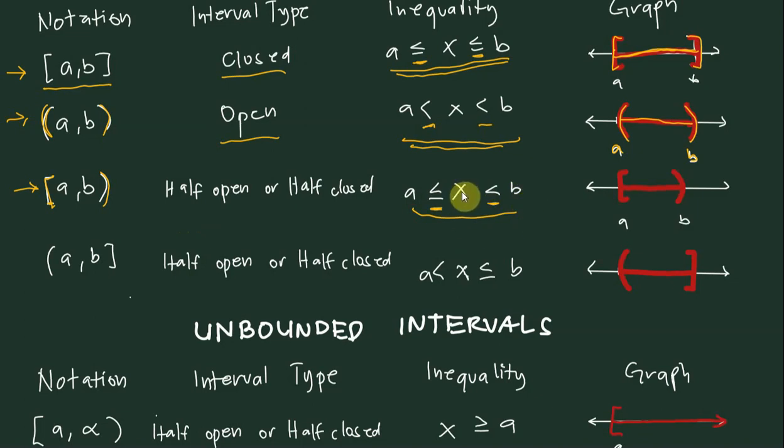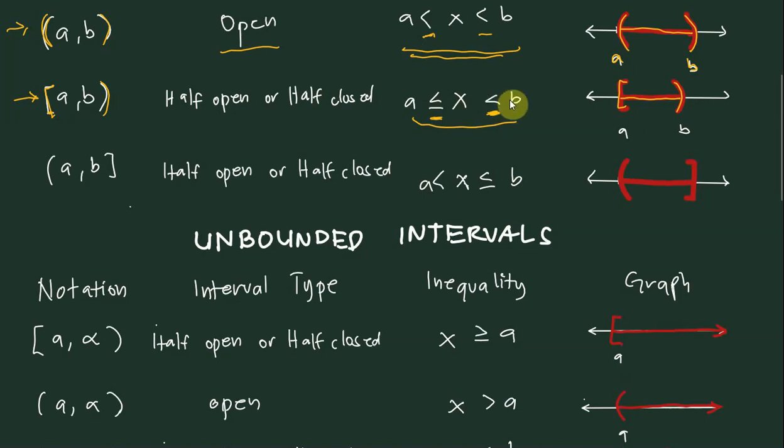This means that it includes a and all the values in between a and b, but it does not include b. As you can see here, it includes a and all of the values until you reach b, and it does not include b because of the strict inequality. x is only less than b, but it's not equal to b.